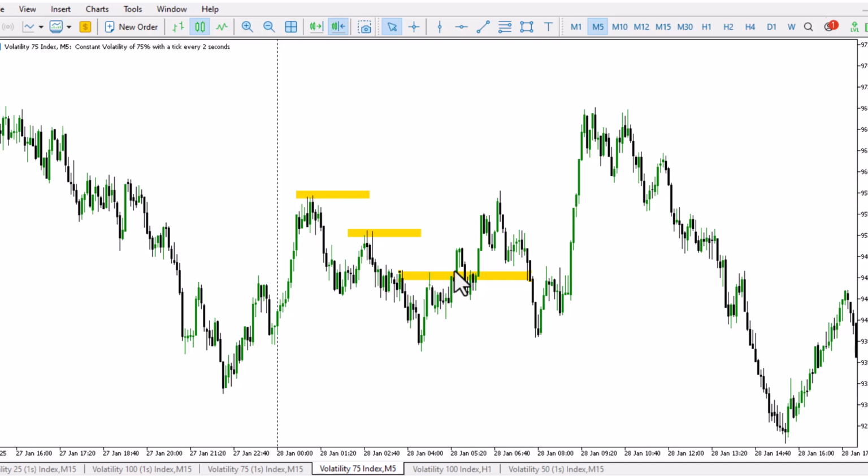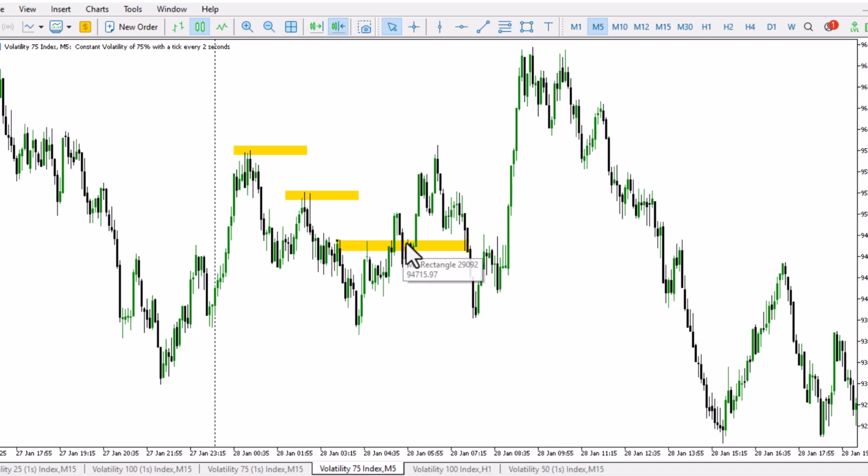When it breaks that particular level, like what it did in this case, you wait for price to retest, or not to retest per se, but to close above this same level as a bullish candle or a bearish candle, depending on where you are going.